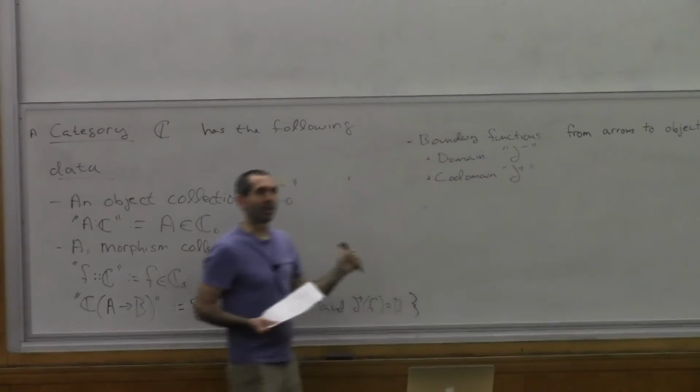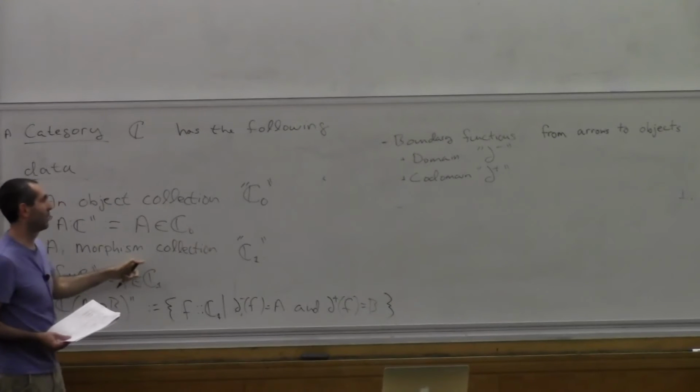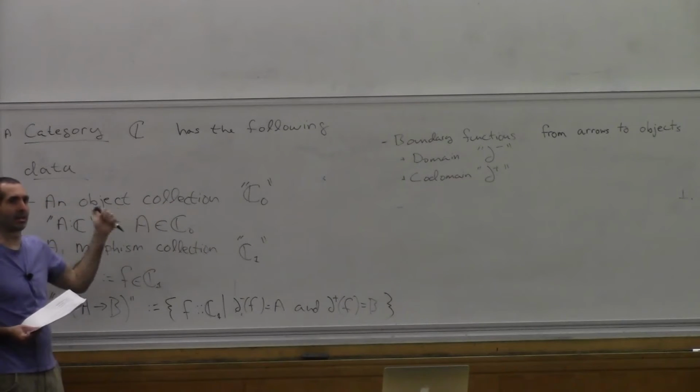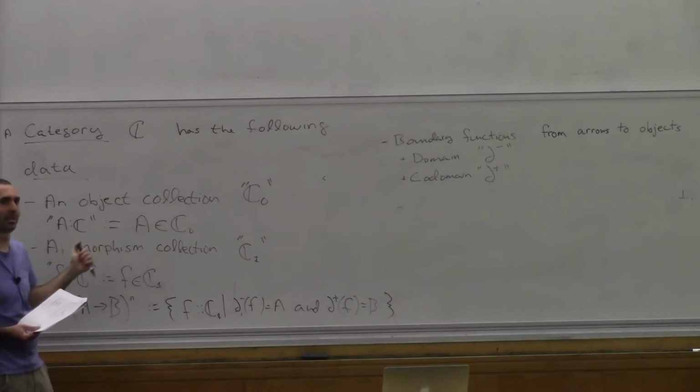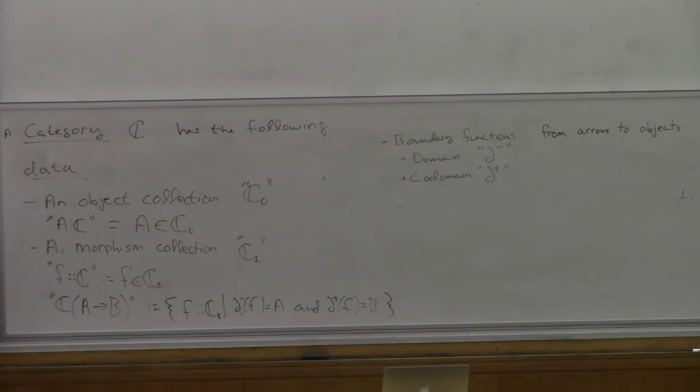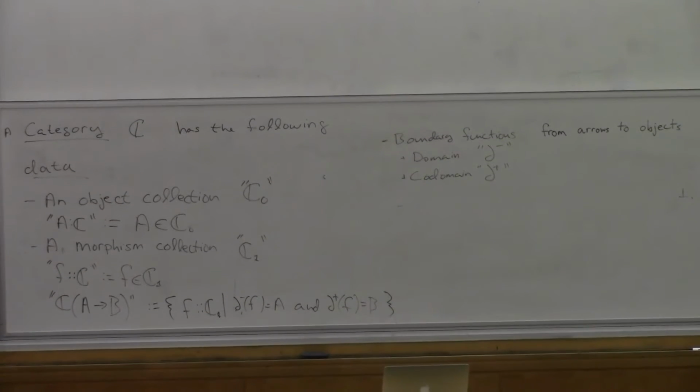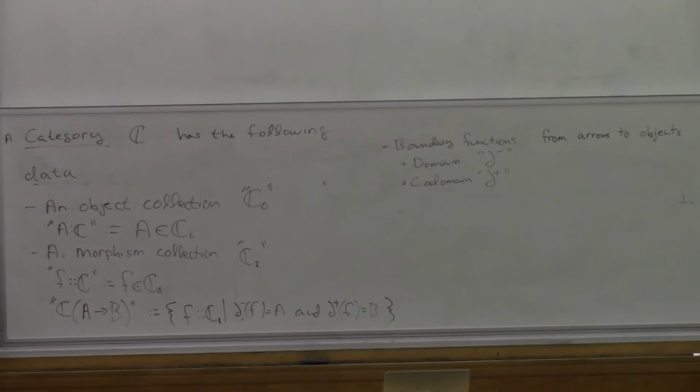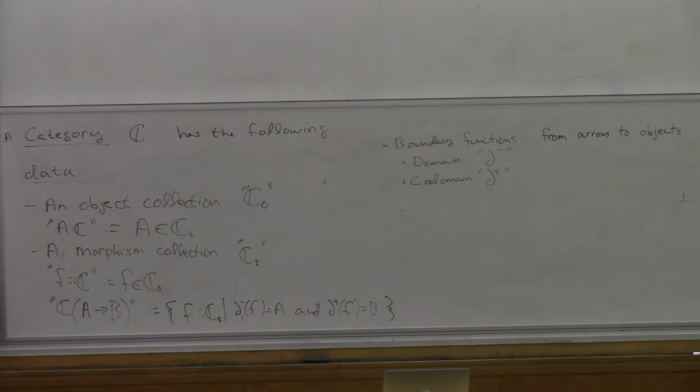So you pick an arrow in C1 and you ask what is its domain, and that is an object in C0. You ask what is its codomain, and that is a potentially different but possibly the same object in C0. So the arrows in C1, they always have domain, codomain in C0? Yes, the boundary of an arrow in a particular category is a pair of objects from the same category.